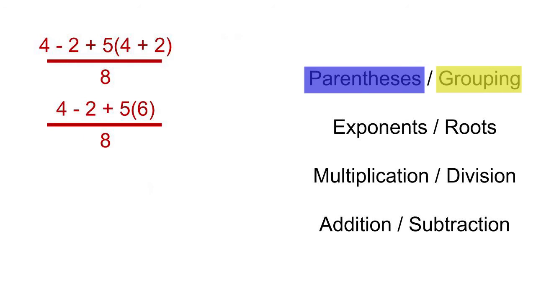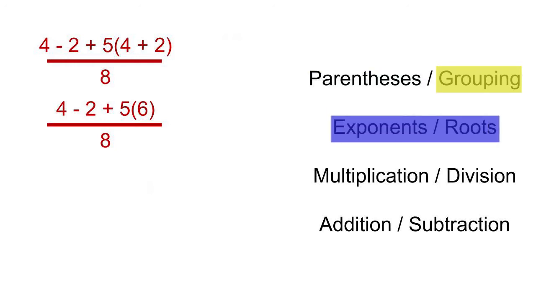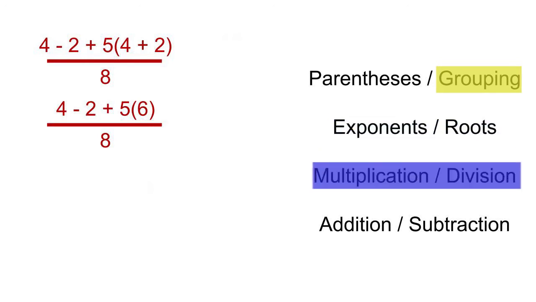Now there are no other parentheses or grouping functions, so I would look to evaluate any exponents or roots, and there are none of those. So I instead move to evaluating any multiplication or division. It turns out there is one multiplication problem, 5 times 6, so we evaluate that to be 30.